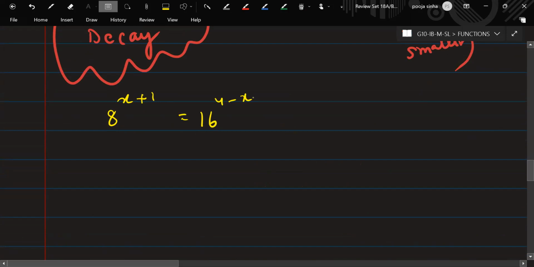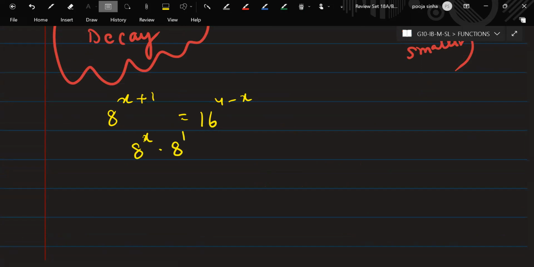So first, you see, I need to separate the x from the numbers. The variables are to be separated. Can I write this as 8 raised to power x into 8 raised to power 1, using the product rule? What is the product rule?